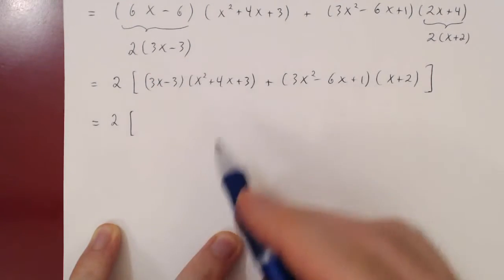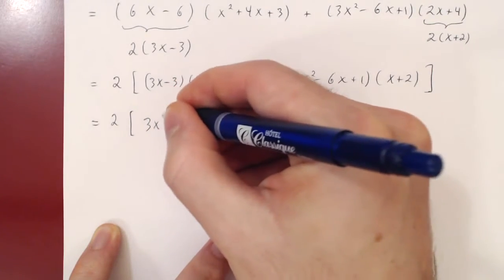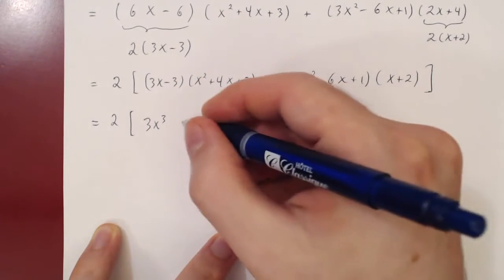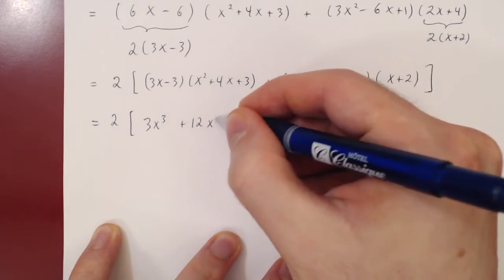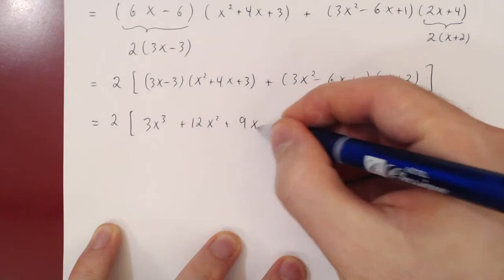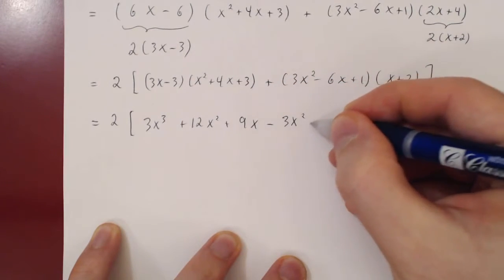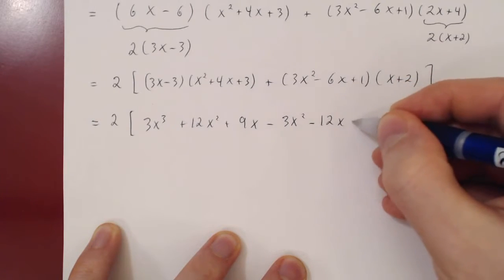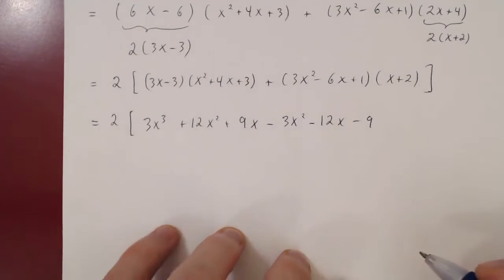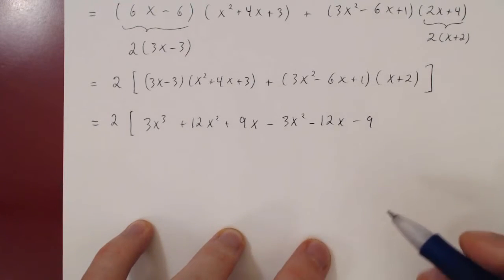Let's multiply out by the 3x first, so we'll have 3x cubed plus 12x squared plus 9x, minus the 3, minus 3x squared, minus 12x, minus 9. So that's expanding the first term, plus, let's expand the second term.